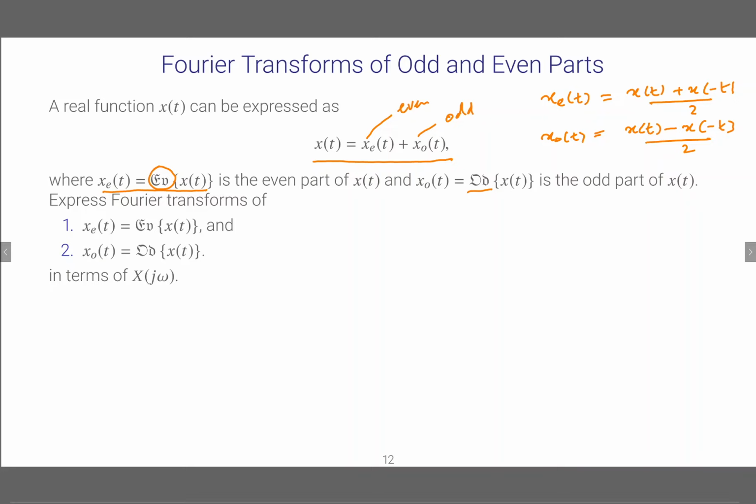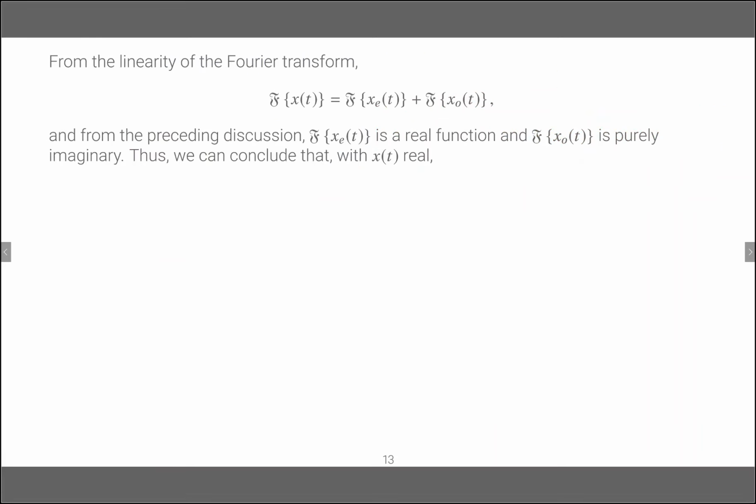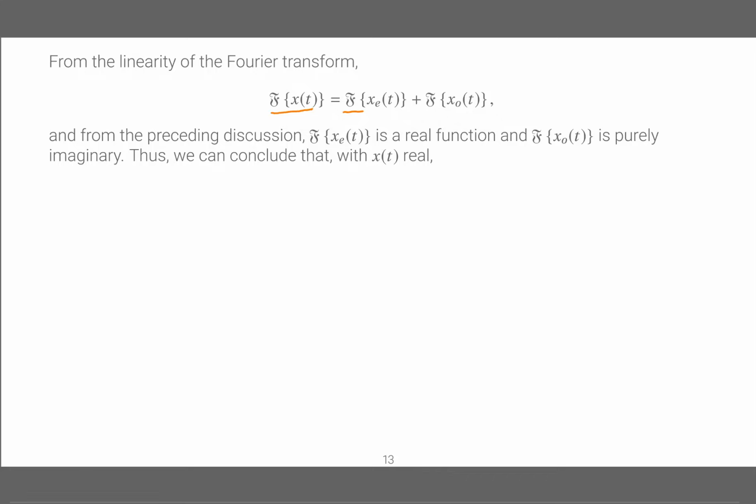So express the Fourier transform of the even part of x(t) and the odd part of x(t) in terms of X(j omega). That's the question. The Fourier transform of x(t) is equal to the Fourier transform of the even part of x(t) plus the odd part of x(t). From the preceding discussion, the Fourier transform of the even part of t is a real function because it is even, and the Fourier transform of the odd part of x(t) is purely an imaginary function of frequency.